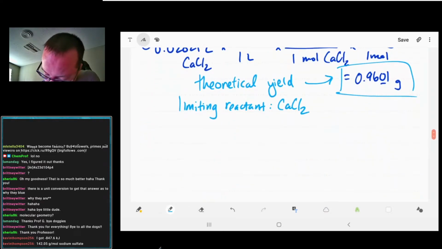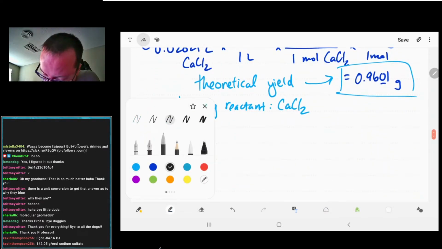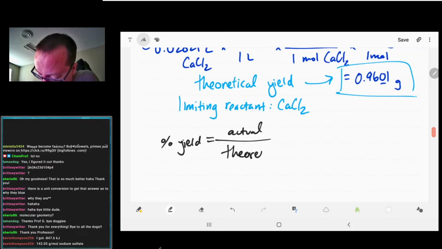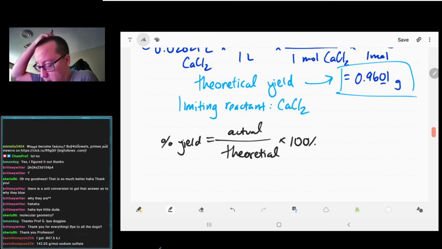So remember that percent yield is the actual over the theoretical, and percent, throw that in there.